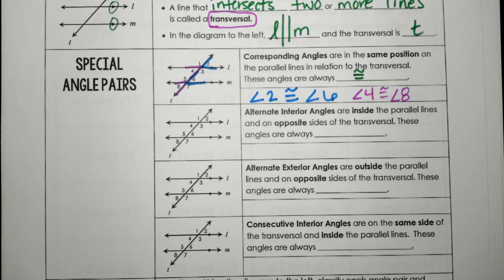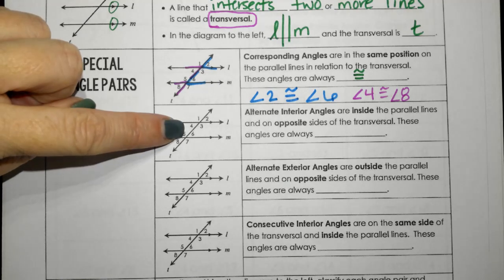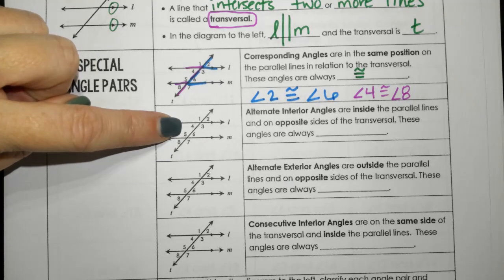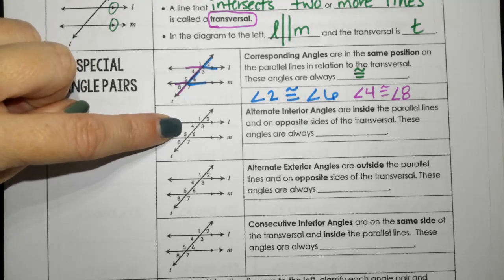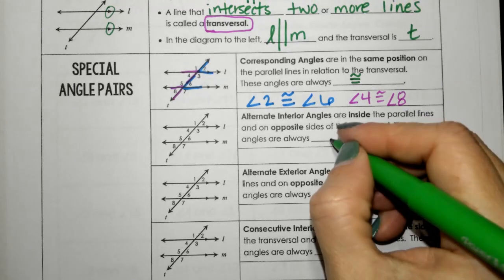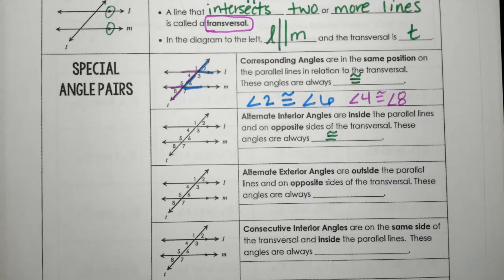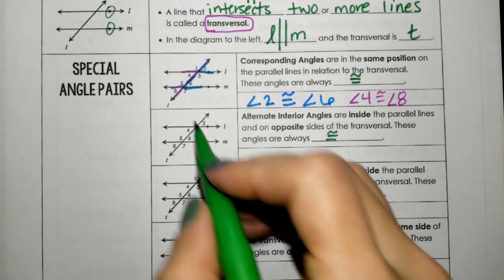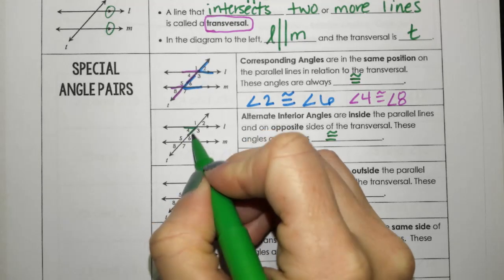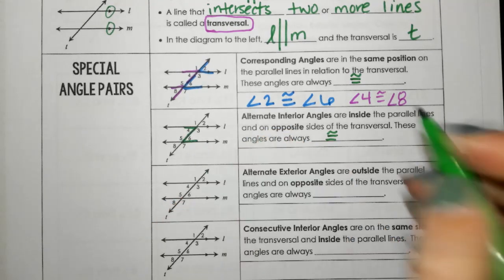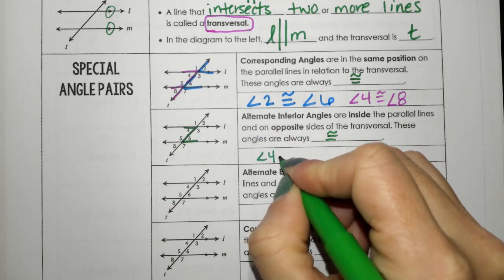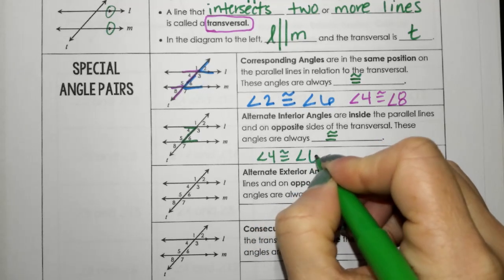All right, so the next one. Alternate interior angles are inside the parallel lines, so they're going to be inside the lines, and opposite sides of the transversal. These are always congruent as well. So if we want to talk about those, angle 4 and angle 6, so angle 4 would be congruent to angle 6.